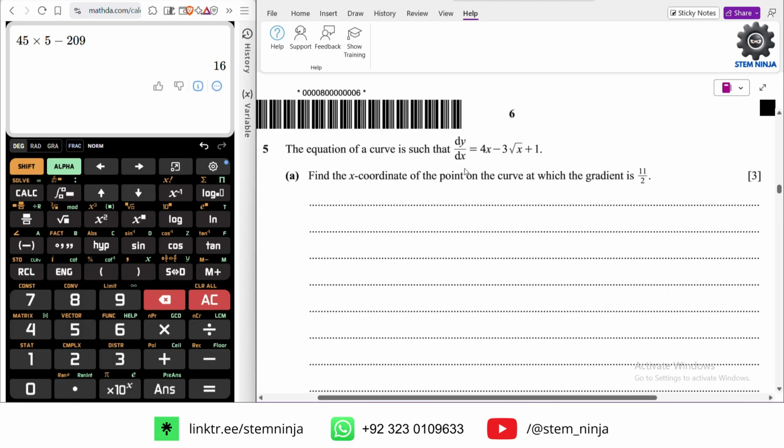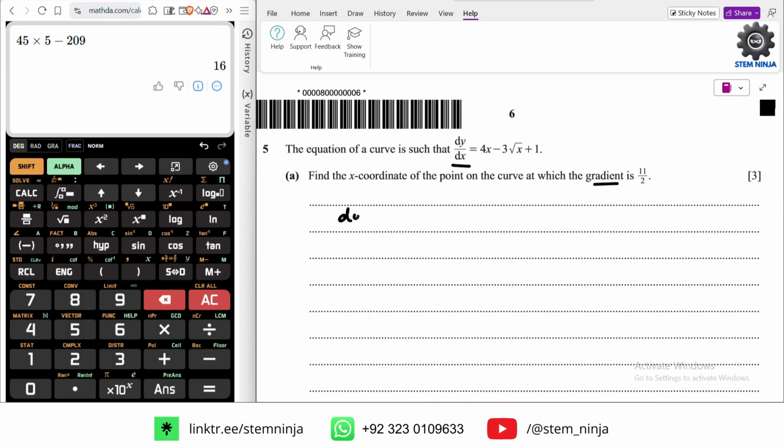The equation of a curve is such that dy by dx is equal to 4x minus 3 root x plus 1. Find the x coordinate of the point on the curve at which the gradient is 11 over 2. So basically the gradient would be equal to dy by dx.